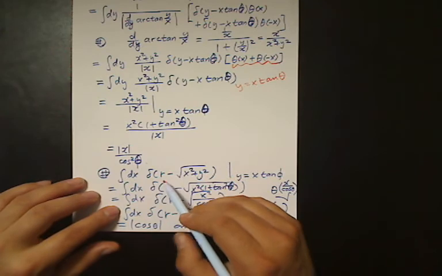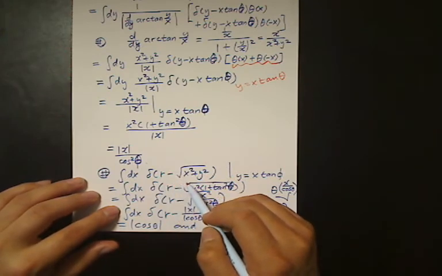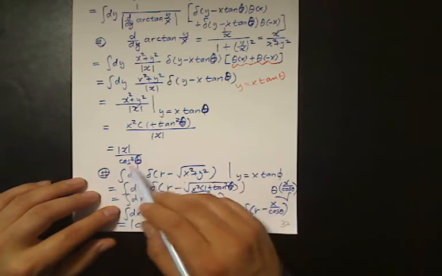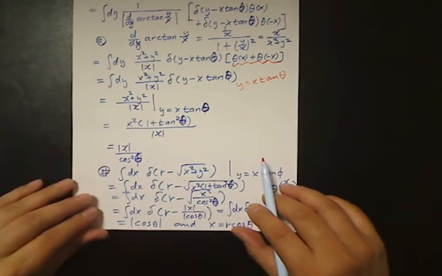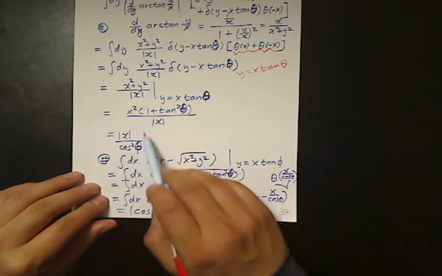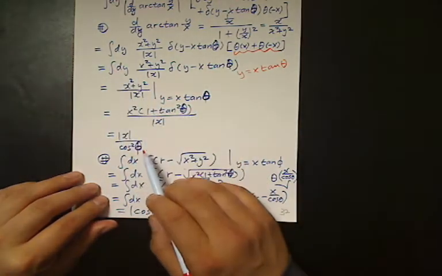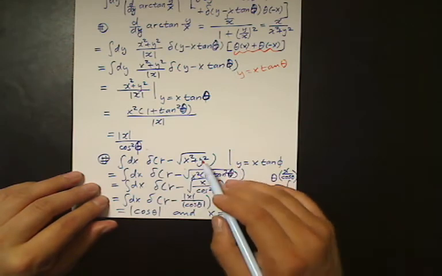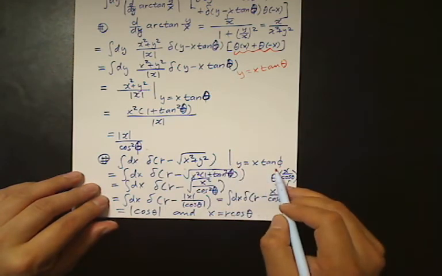Now our Dirac delta function is to be integrated over x. If we integrate over x, because what we have done is a y integral already, y should be replaced with x tangent theta.